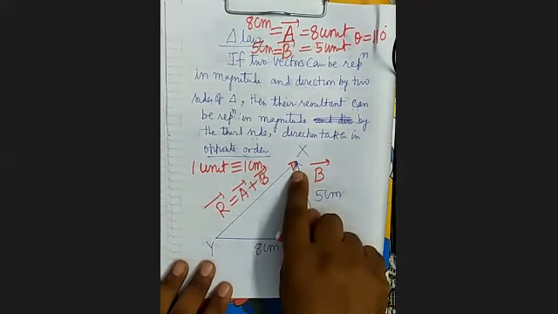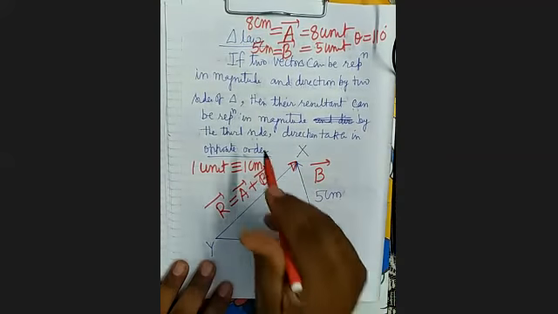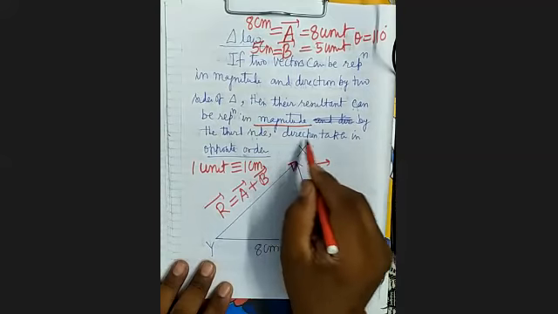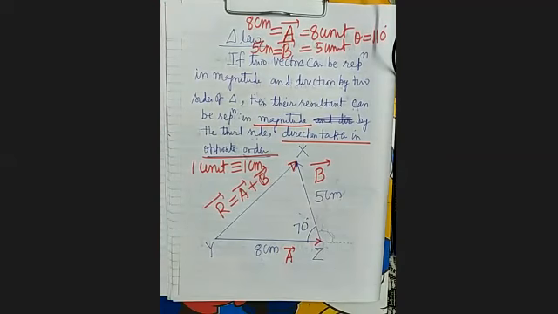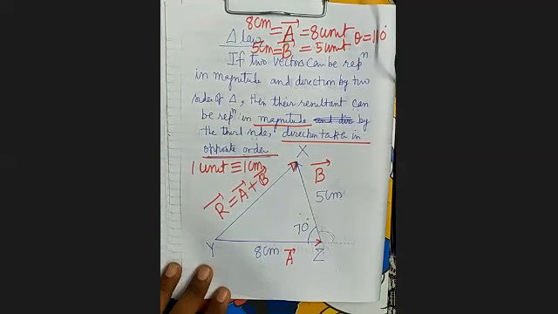So the third side of the triangle will represent the resultant in magnitude, direction taken in opposite order, in the opposite sense. Have you understood this thing? Yes, sir.